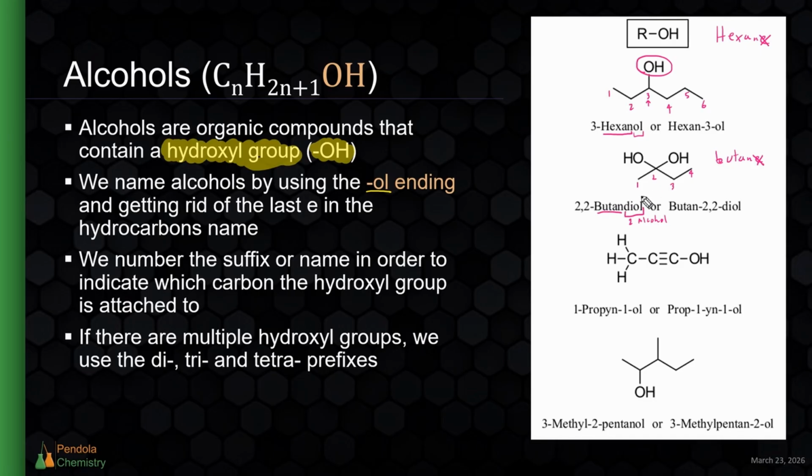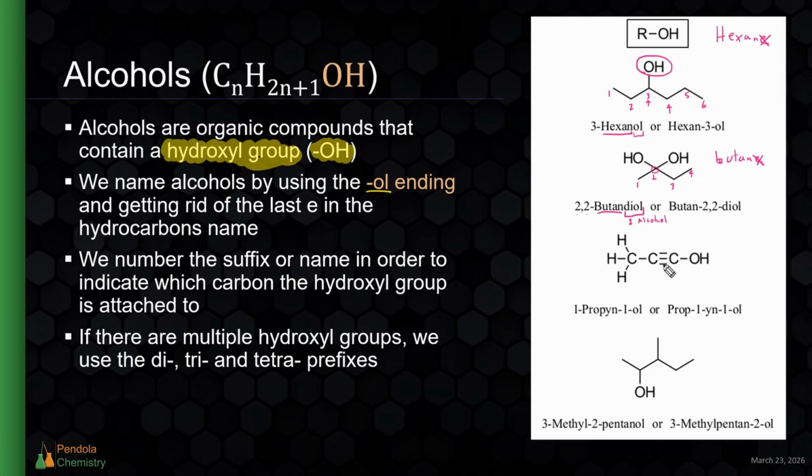Again, because this diol will have different places where those OHs could be, they could be on the same carbon, 1 and 2 or 1 and 1, we do need to number them. Because both of these OHs are on the 2nd carbon, this will be 2,2, because remember, if we have a diol, we need 2 numbers. 2,2-butanediol. Or we could say butane-2,2-diol. Both of these are perfectly fine names.